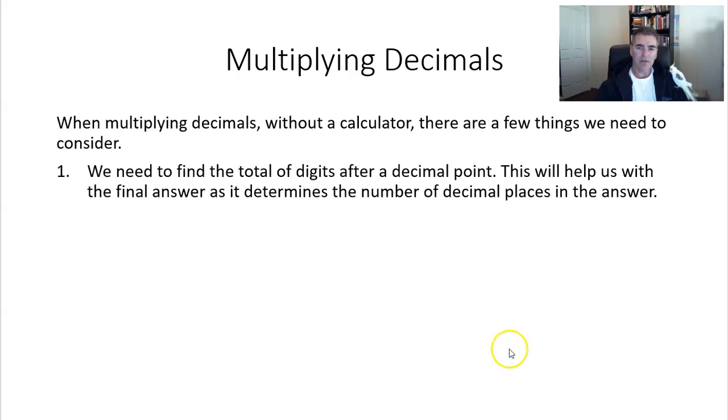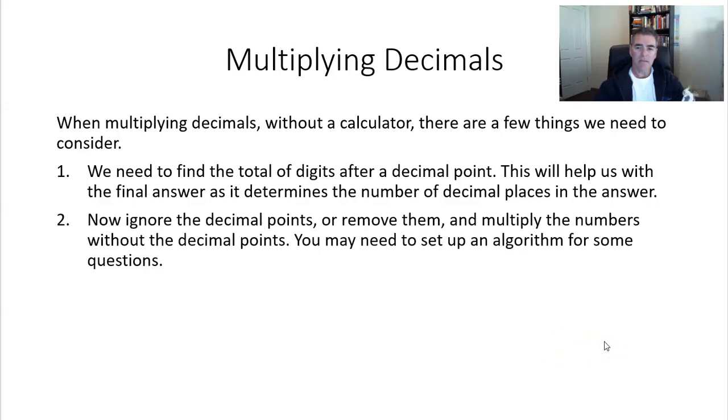The first thing I like to do is have a look at how many digits in total there are after the decimal point. What that helps us do is work out how many decimal places there should be in our answer at the end. The second thing is I pretend the decimals aren't there and multiply the numbers together. And once I've got that, then that's going to help us determine the final answer.